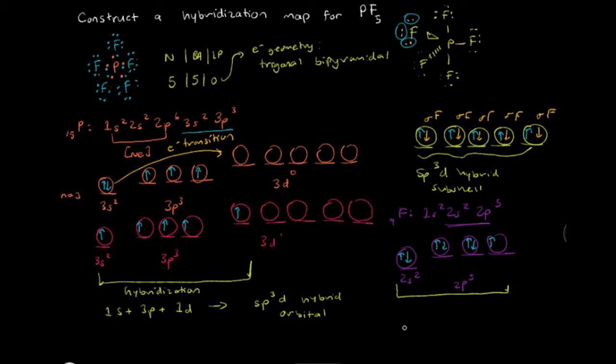So if we hybridize all of them, we'll have 1 s orbital plus 3 p orbitals, and this forms an sp3 hybridization. Okay, so this is your sp3 hybridization, and this here is your sp3 hybrid subshell.